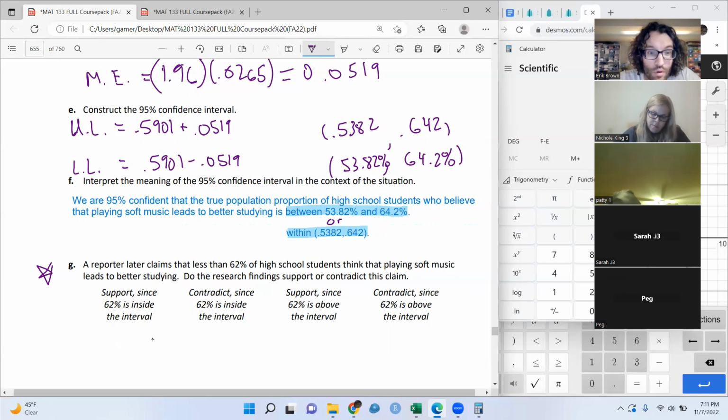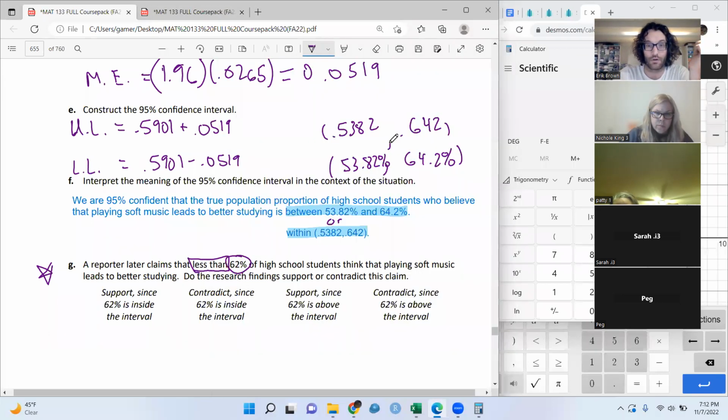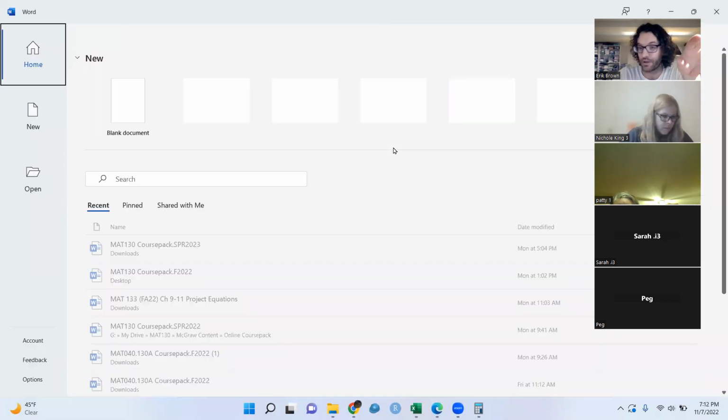So then we get a reporter claiming that less than, keywords, 62%, key number, of high school students think that playing soft music leads to better studying. Do the research findings support or contradict this claim? So I'm going to show you all of the possible scenarios you're going to face.